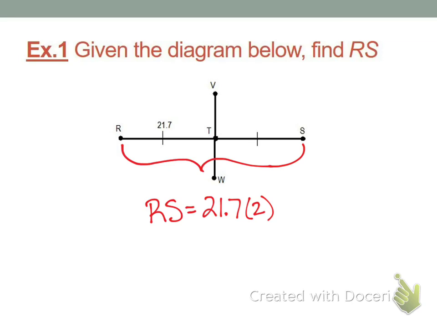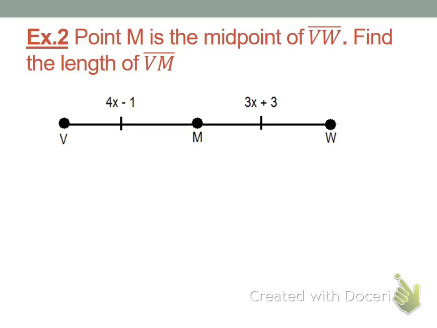So we have two equal segments. We add them together or multiply by 2. Either way, RS is 43.4. Questions, concerns? Easy peasy. Ready for another one?